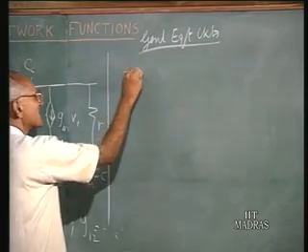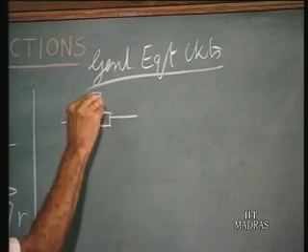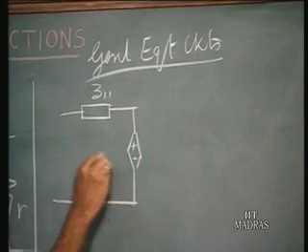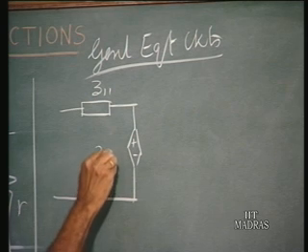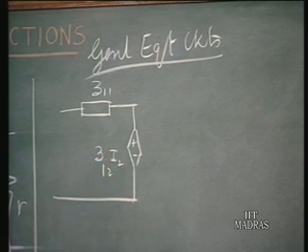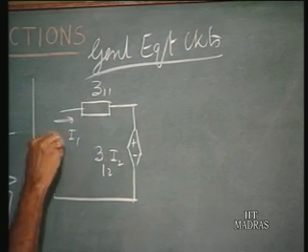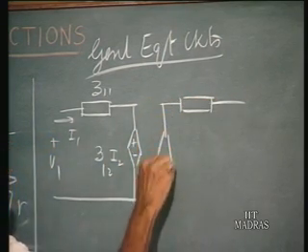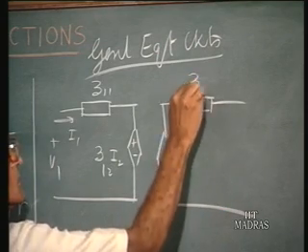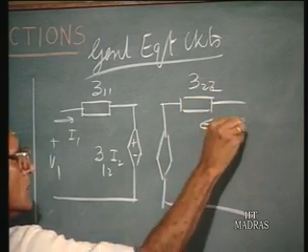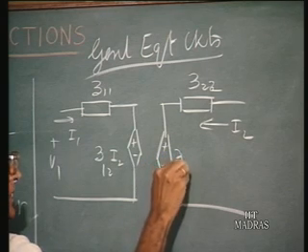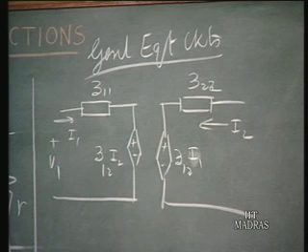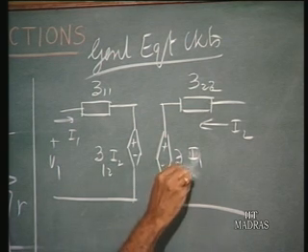We can say for Z parameters, you can write Z11 plus a voltage source which is equal to Z12 times I2, giving V1, and likewise you have Z22 I2 plus a dependent voltage source which is Z21 times I1.